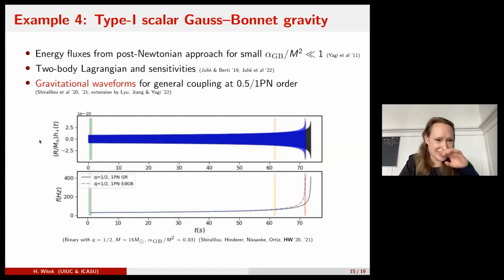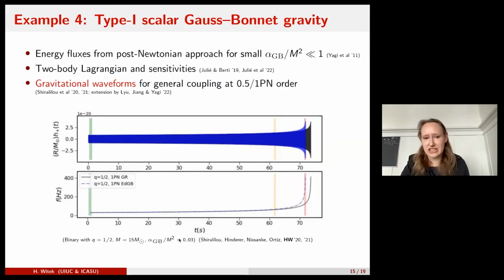I'm showing this even though it's not a numerical relativity calculation, because I think it's really impressive. The first work studying just the scalar radiation is from about 10 years ago, led by Kent Yagi and collaborators. And it took about 10 years to actually get the first explicit gravitational waveforms in this theory, because it's such a hard calculation.